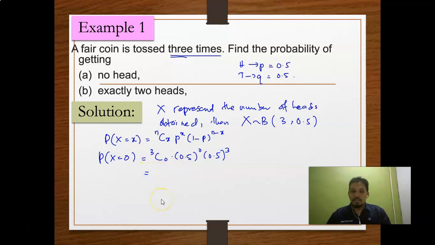For this one, you may use your calculator to find the answer: 3C0 multiplied by 0.5 to the power of 0 and 0.5 to the power of 3. As you see on the screen now.